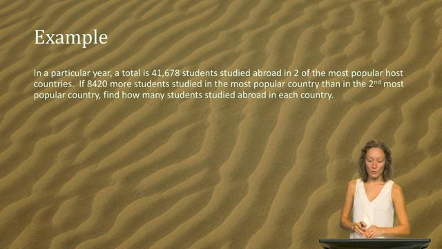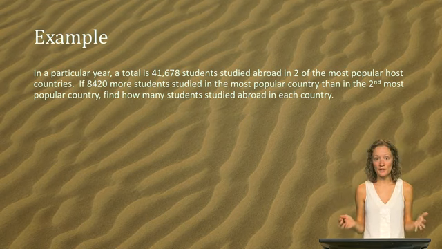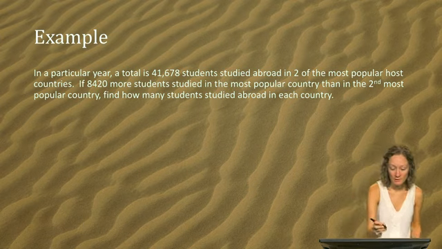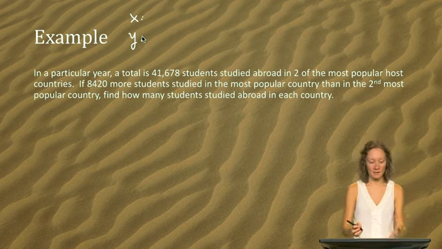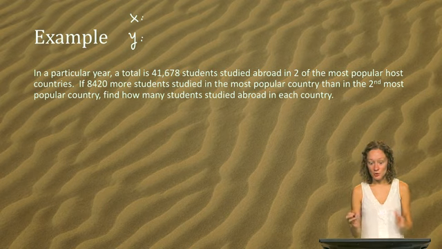Okay, so in this case, we have to first identify what are the things we're looking for. There's a system of 2 equations, and the 2 equations will have 2 variables. So what do we want to designate X to be? What do we want to designate Y to be? What are we talking about here? We're talking about students that studied abroad in 2 different countries.